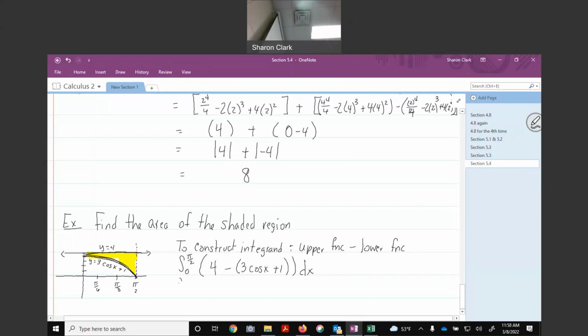So we get from 0 to pi over 2, 4 minus 3 cosine x minus 1 dx.